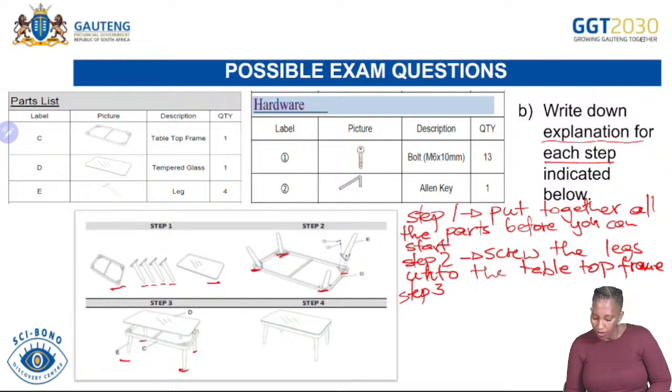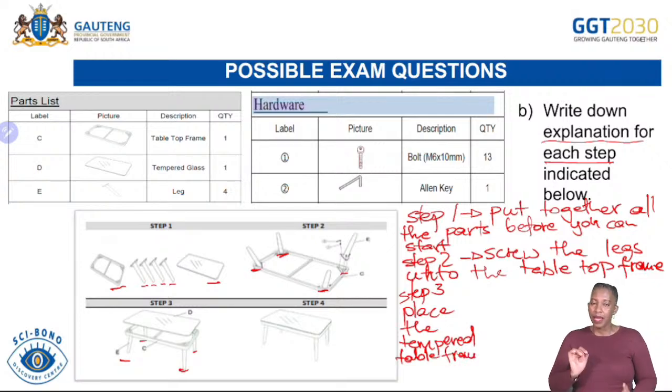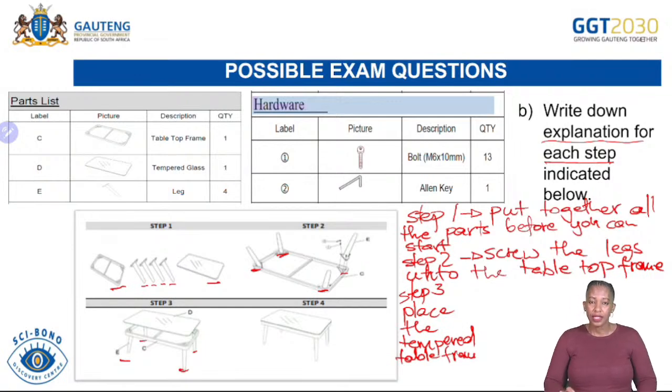Now on the structure, step number 3, we place the tempered glass. We place the tempered glass onto what now? Onto our table frame.